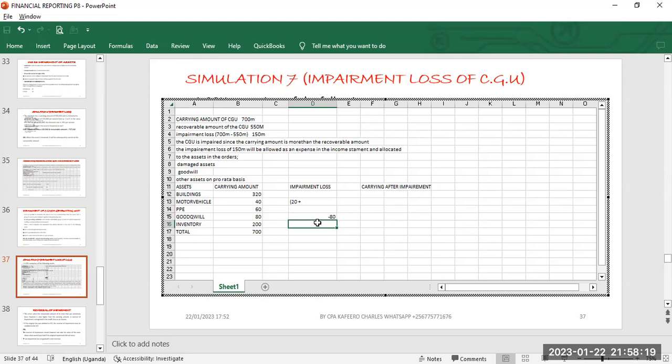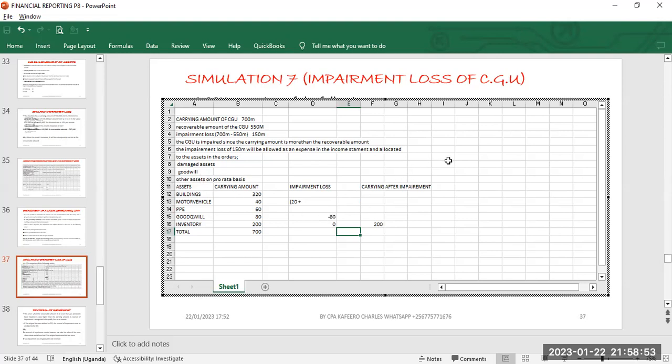So we said this one is not going to be affected, so that one we can put a 0, and we put its carrying amount. We can actually transfer its carrying amount, 200 million. We say that one has no problem. We don't subject it to impairment, because we have already dealt with it under IAS 2. Then, since we have finished the damages and the goodwill, now we are going on to the pro rata basis.